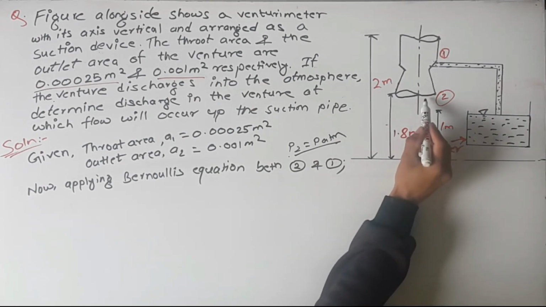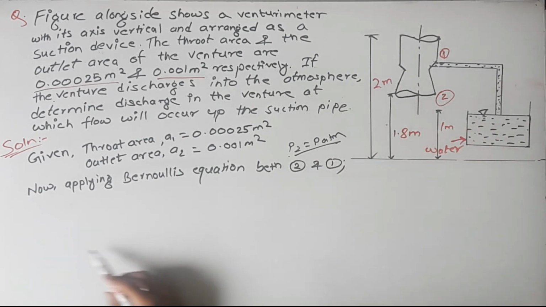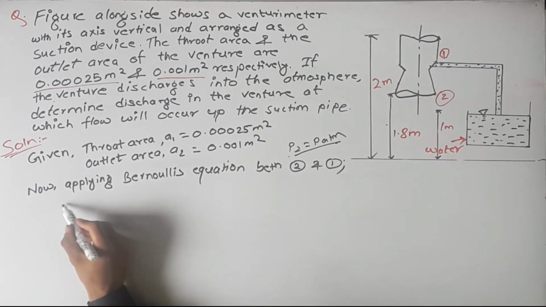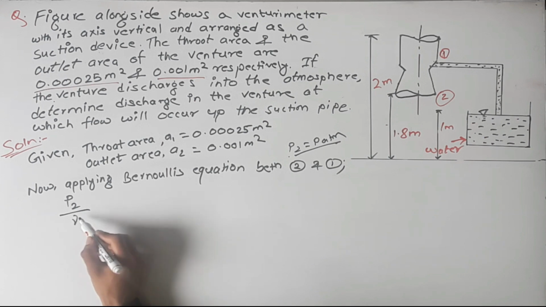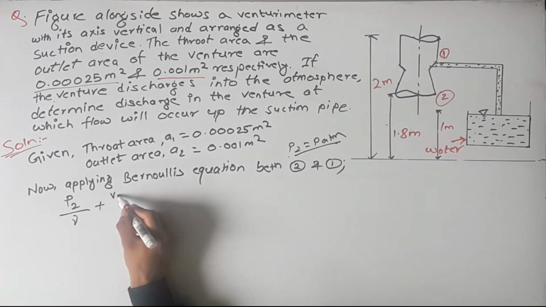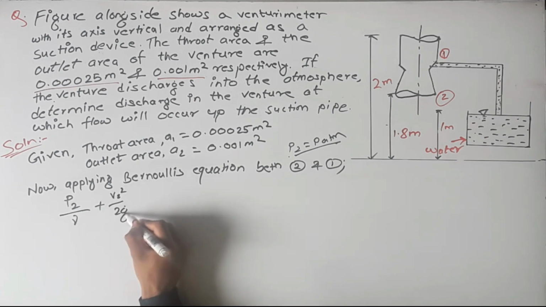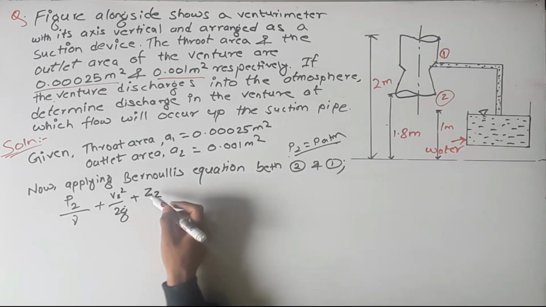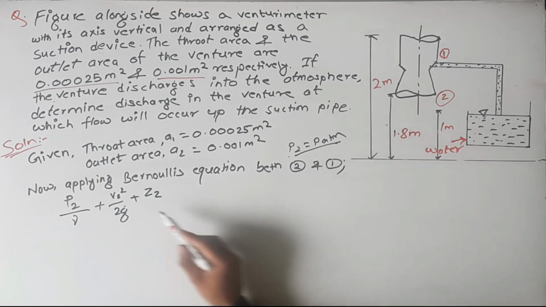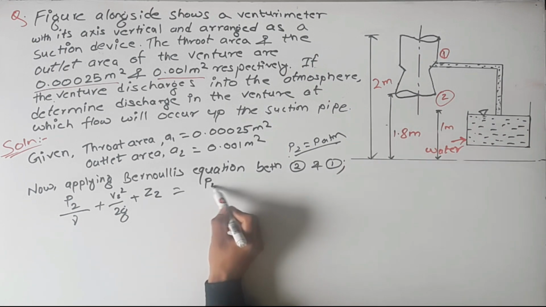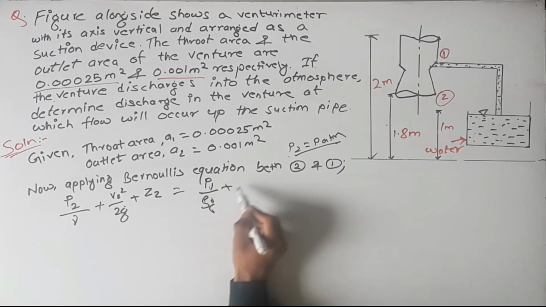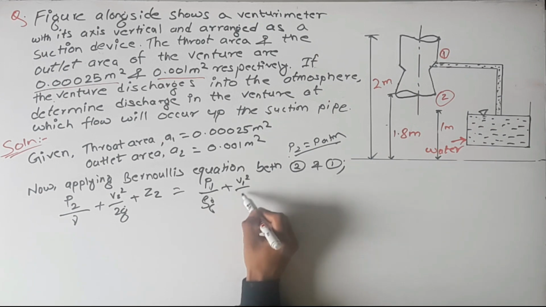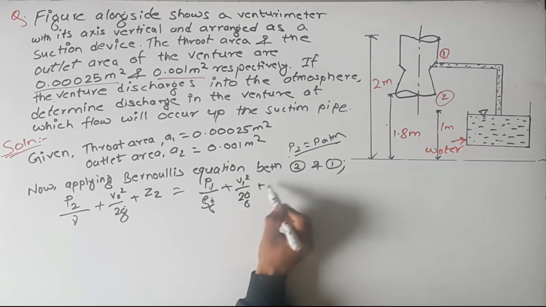Here 2 is the outlet, 1 is the throat. So we can write here P2 upon gamma plus V2 square upon 2g plus Z2, equal to P1 upon rho g plus V1 square upon 2g plus Z1.